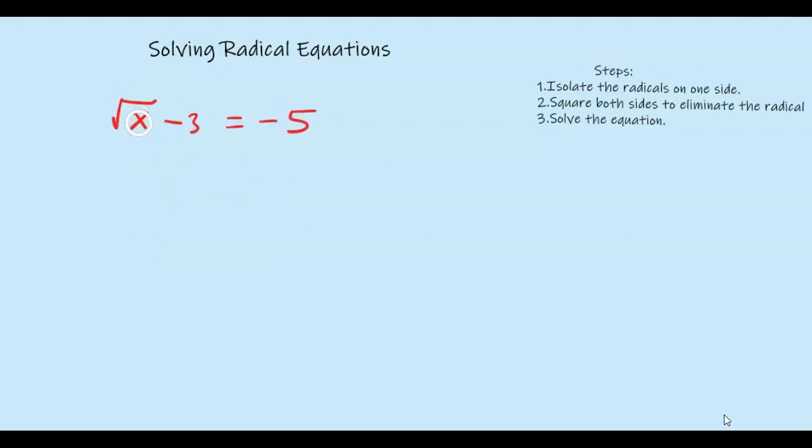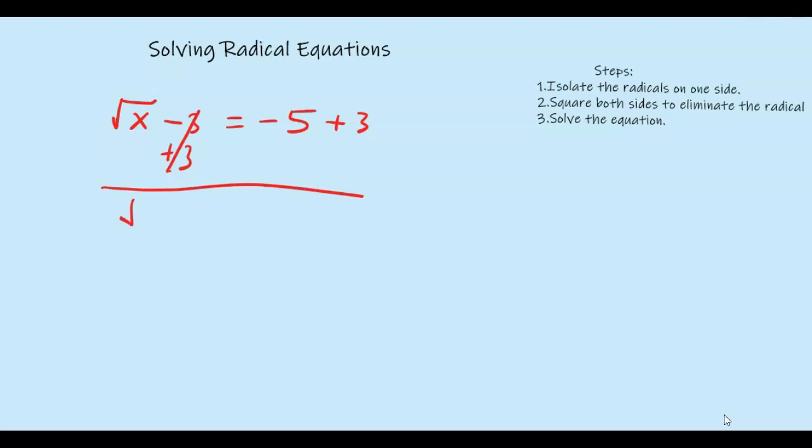Right here we have the square root of x minus 3 equals -5. And we want to solve for x, so we are going to isolate the radical. We need to get rid of this. It's negative. We are going to add the equal number to make it 0, and we have to repeat the same thing on the right hand side.